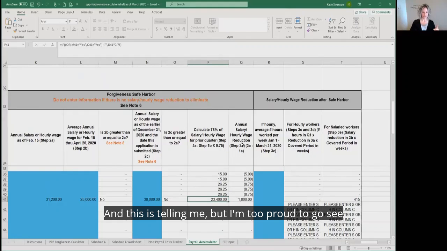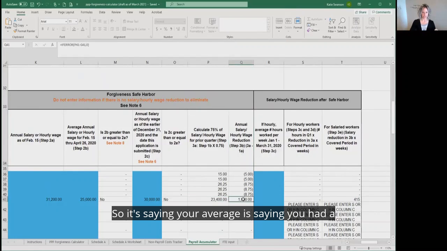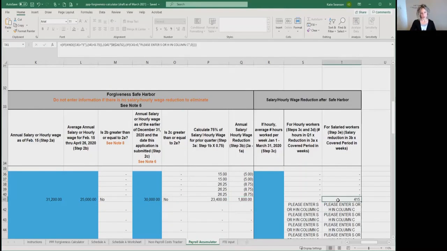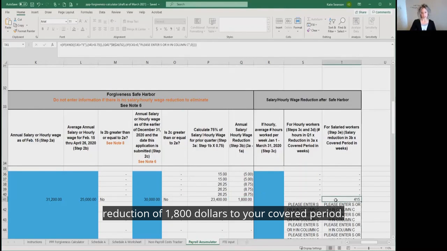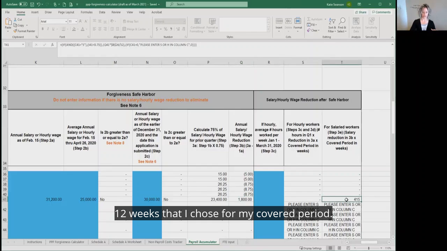So it's saying you had a reduction in your salaries of $1,800. So then what's the impact on your forgiveness? Well, it's essentially prorating that annual reduction of $1,800 to your covered period. So it's saying your reduction in forgiveness is $415. It's taking $1,800 divided by 52 times the 12 weeks that I chose for my covered period, and that's where this $415 reduction in forgiveness comes from.